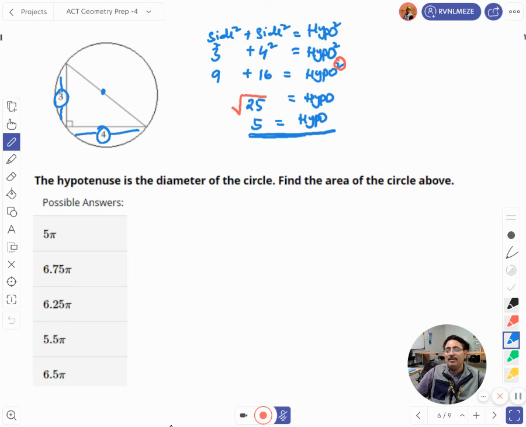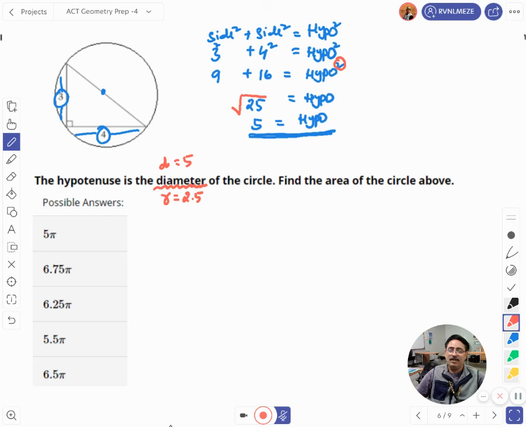Well, several times I told you about this, this is the tricky part. Now I got the diameter is 5 units. Diameter equals 5 units. Immediately you compute what is the radius, which is 5 over 2 or 2.5.